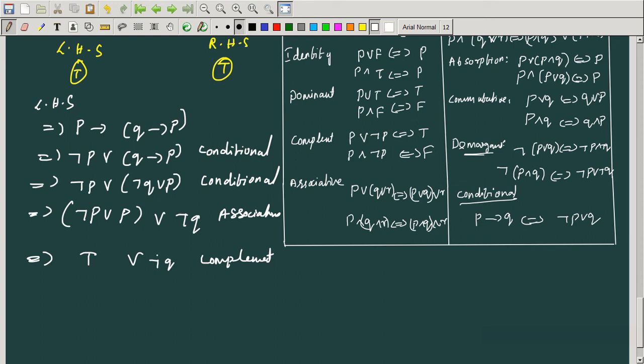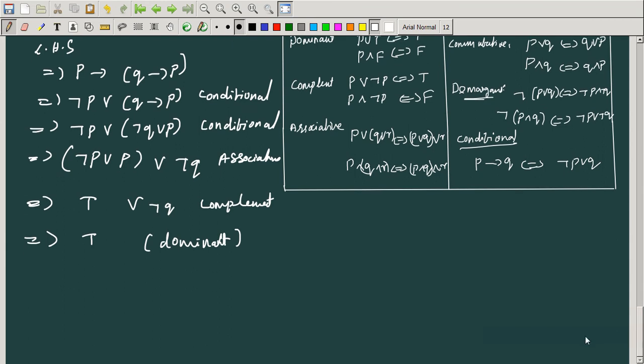So true or negation Q, considered as one proposition, is equal to true. It's a tautology. So what we applied here is the dominance law. So the left side we have proved it is a tautology. Simultaneously you have to prove the right side is also a tautology. Then we have proved the logical equivalence.